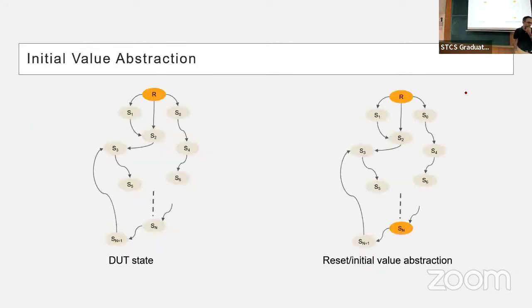So let's take some examples. Let's say we have this state machine in the design. We have R as the reset state, and from the reset state we go to these many states.